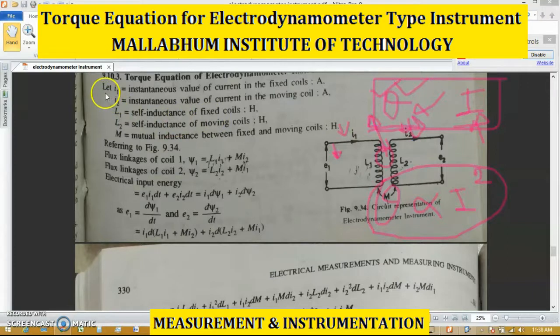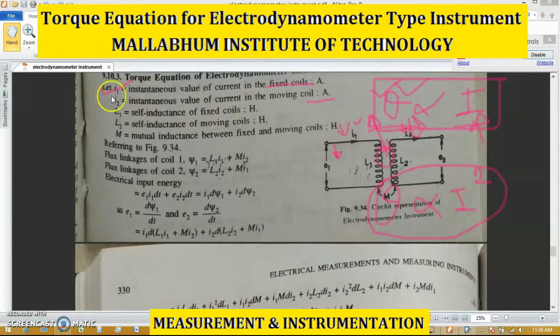Now the current in the fixed coil is I1, the instantaneous value of the current of the fixed coil. Fixed coil means the magnetic coils. Also I2 is the instantaneous value of the current in the moving coil.